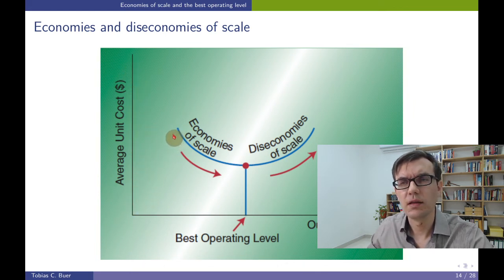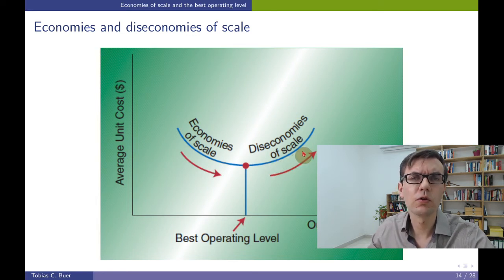When we produce more, moving from left to right on the x-axis, the cost per unit will be going down. And at the point where it is at its minimum, this is called the best operating level. After this point, when I increase the output, the cost per unit will be increasing.